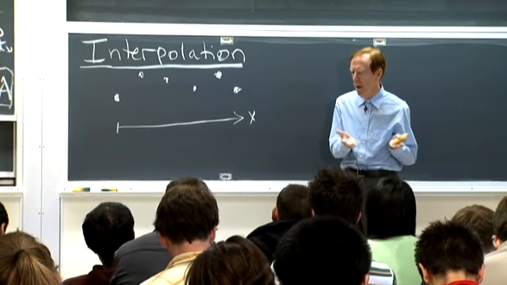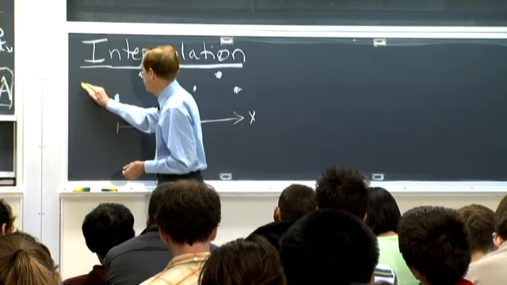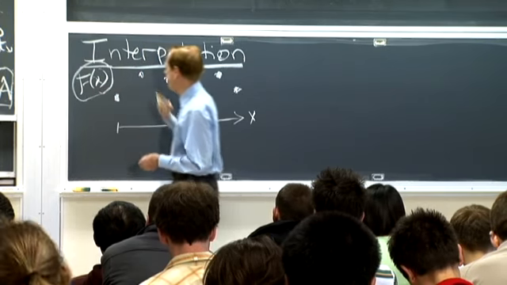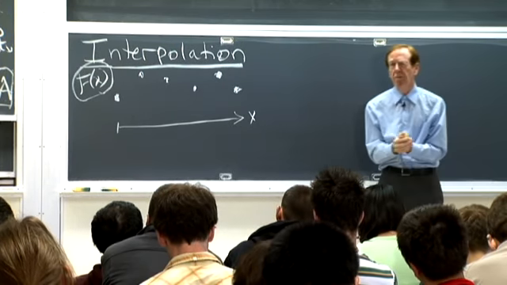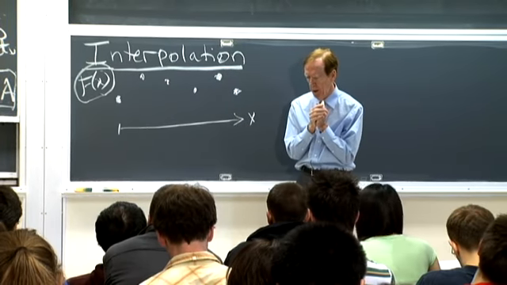But now I'm thinking I have some function f of x here. But right now I don't have a function. Right now I just have 6 values of that function.